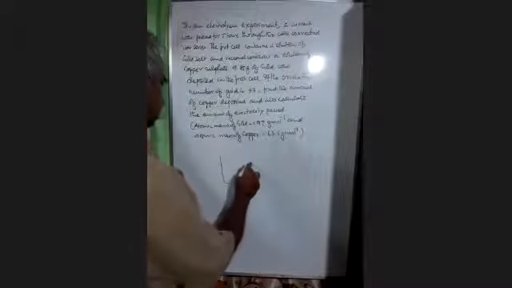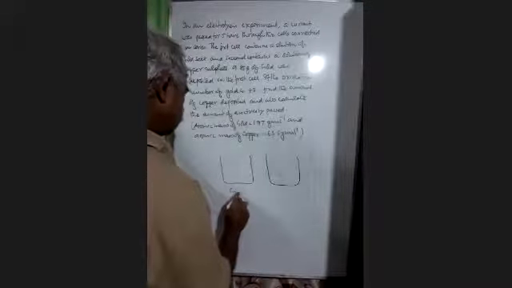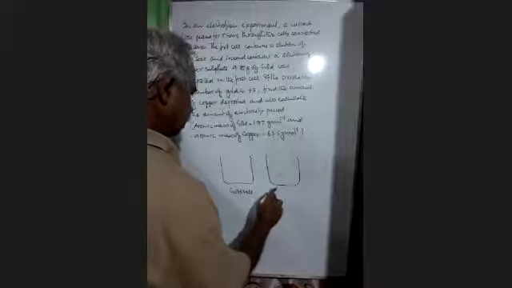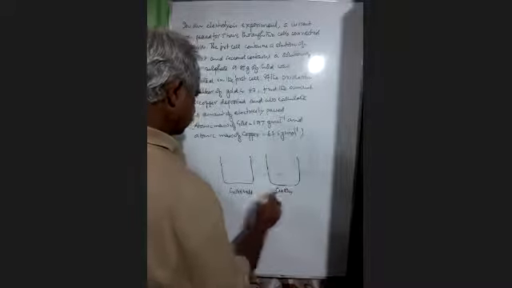Yes, sir. Okay. Now see, here you have to find two things: the amount of copper deposited, and also the amount of electricity passed. Here these are two beakers. Here you have gold salt, and here you have copper salt.